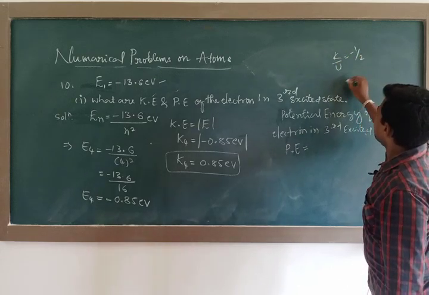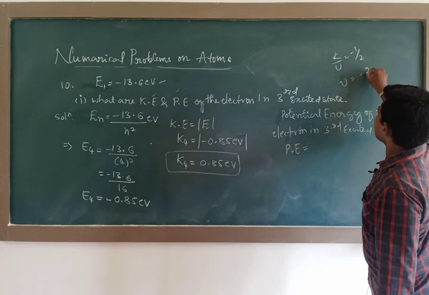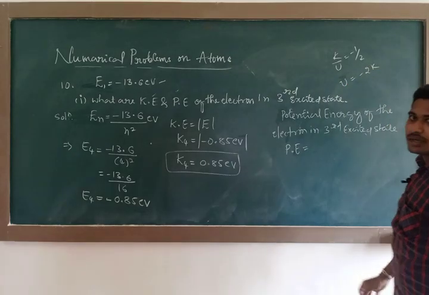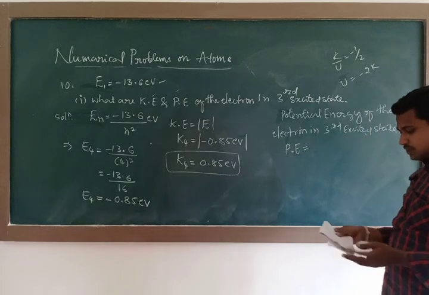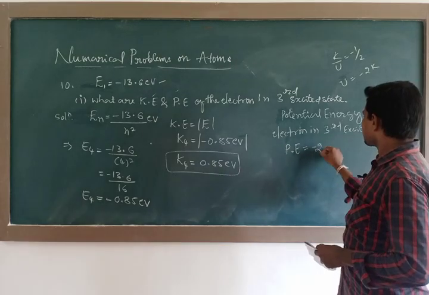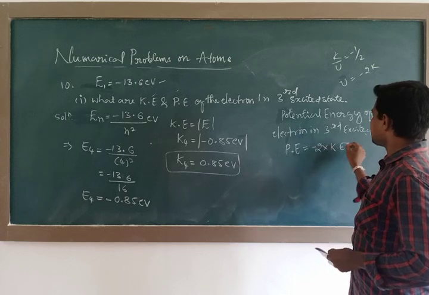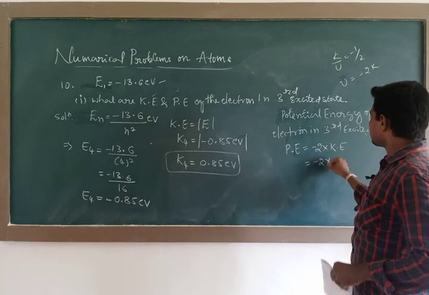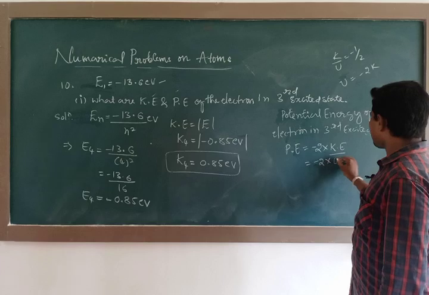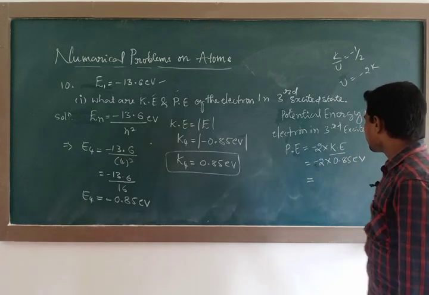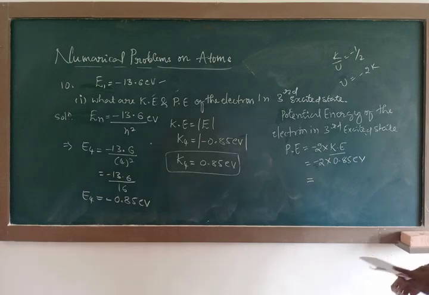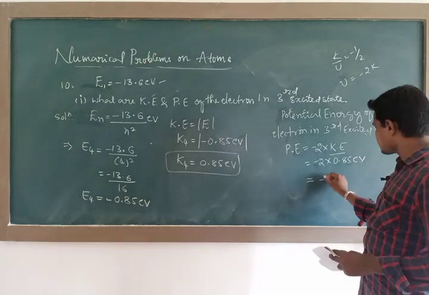Therefore potential energy becomes minus 2 times kinetic energy. Minus 2 into what is kinetic energy? 0.85 electron volt. So if you multiply 0.85 by 2, you will find minus 1.7 electron volt.